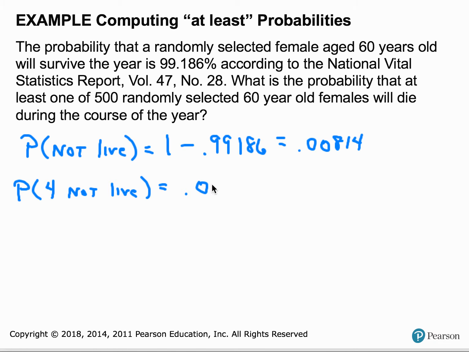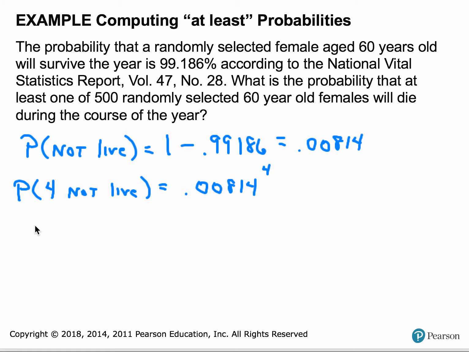It's 0.00814 to the 4th, right? The first one dies, the second one dies. Okay.